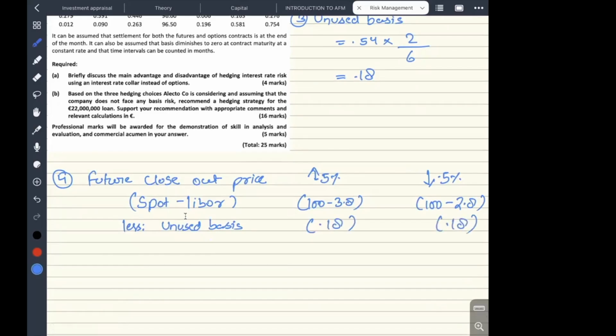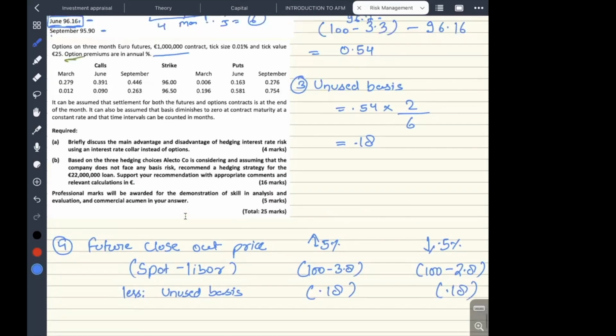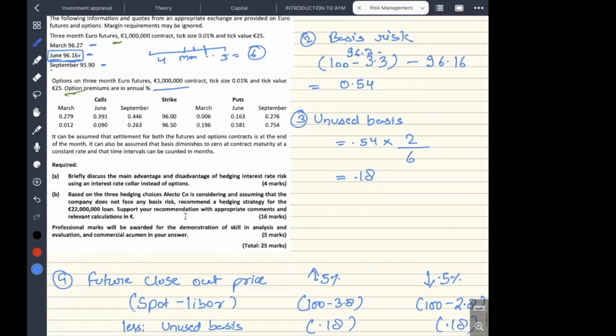It's up to you. When I'm at spot and moving to future, not forward, my basis risk is actually falling.